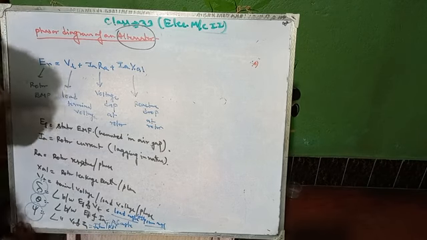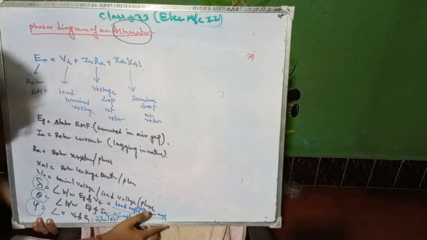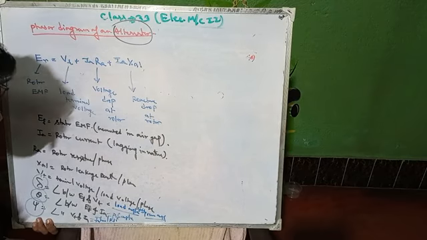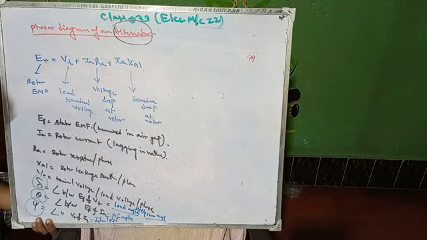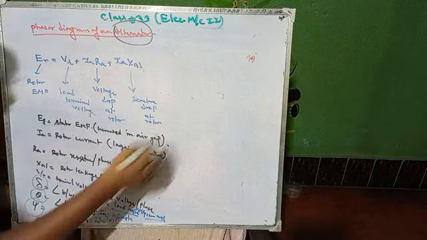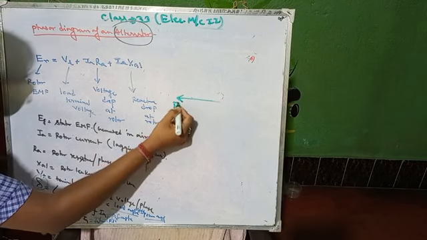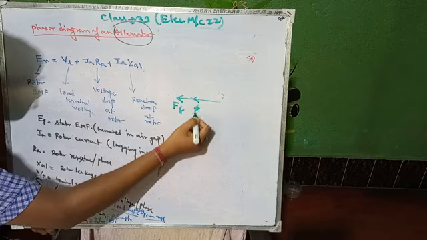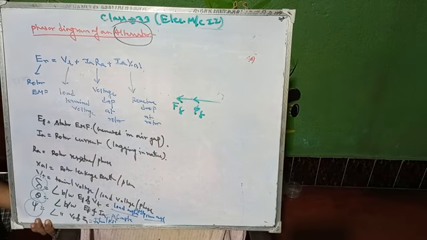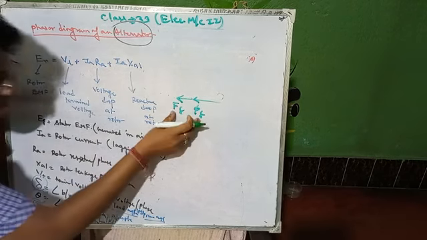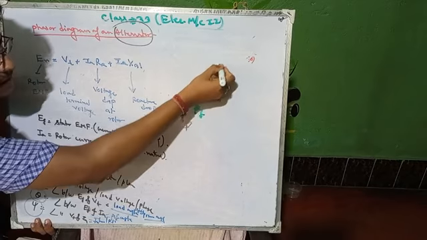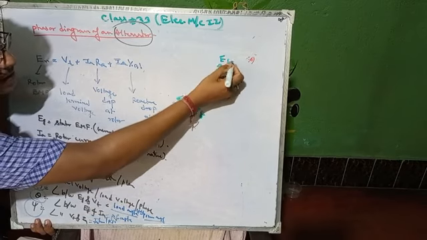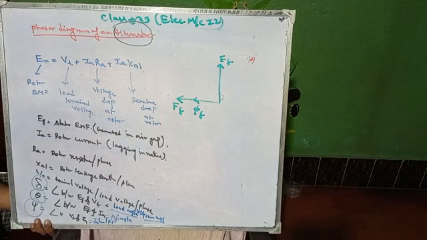So now I will move on to drawing the phasor diagram. I take the flux phi f as the reference axis, and E_F always leads it by 90 degrees.